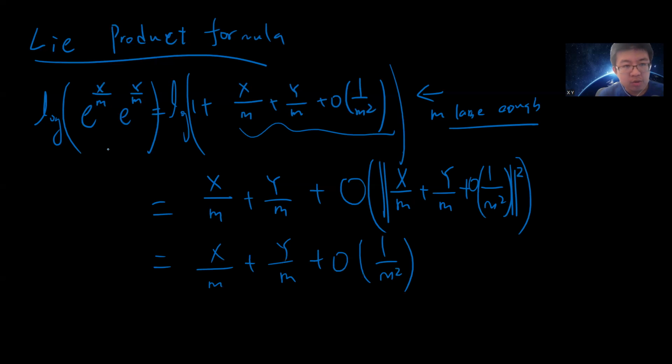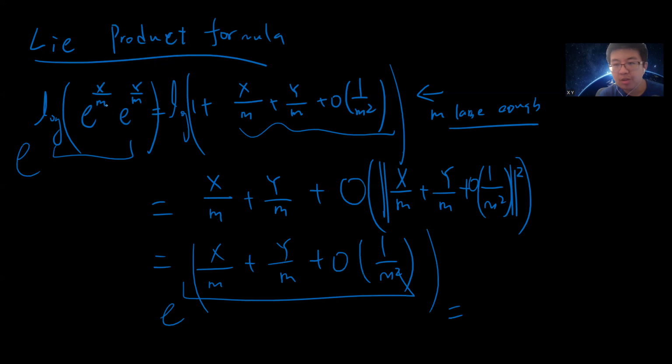Now we have this, and then we can take the exponential. And this guy must be this, because from our previous proof, the exponential and log are really inverses.